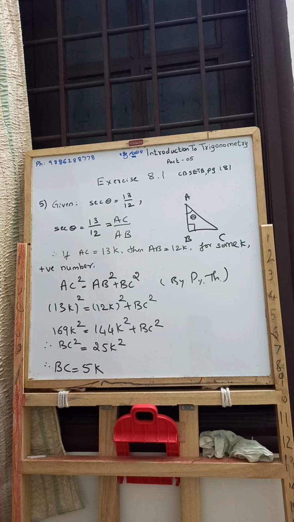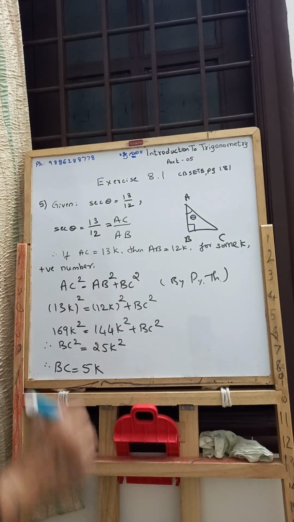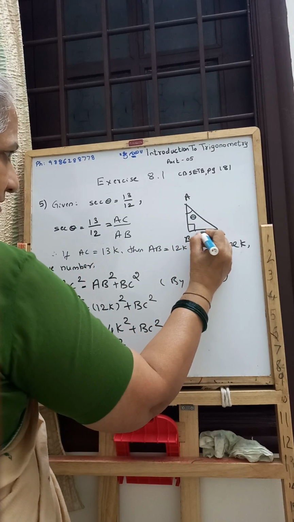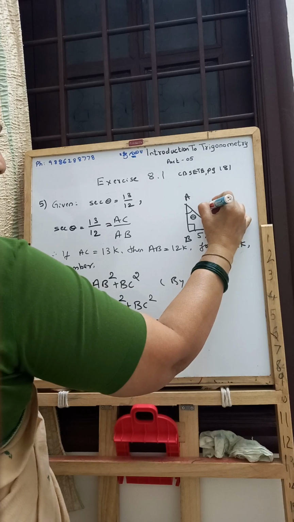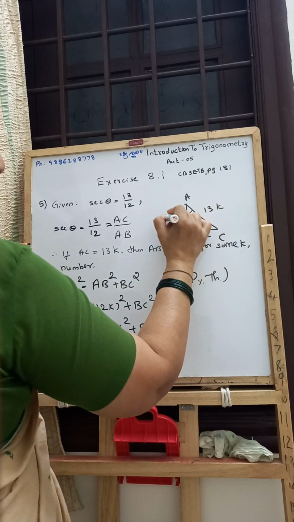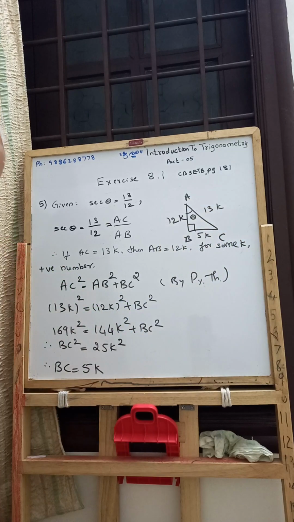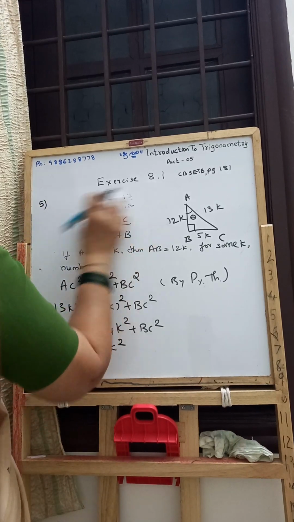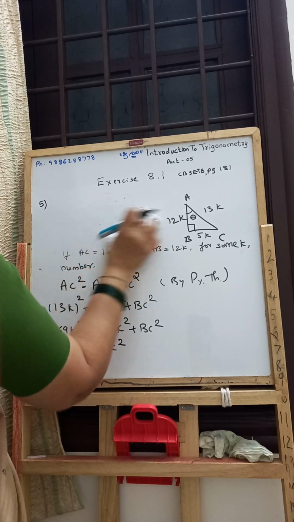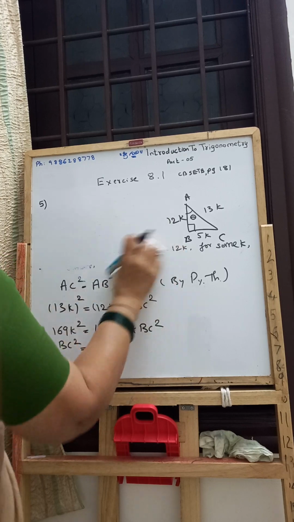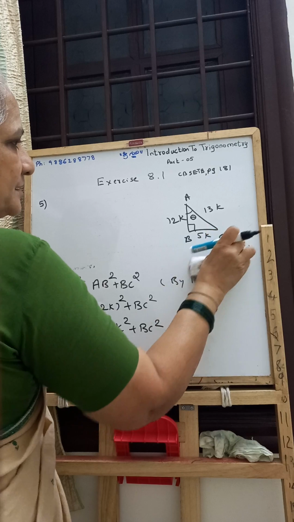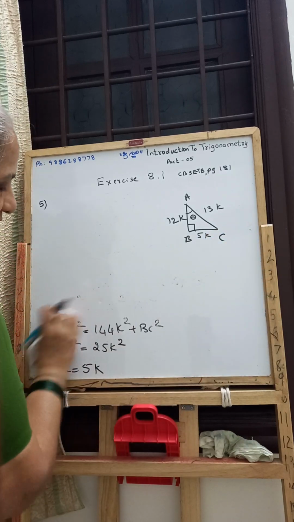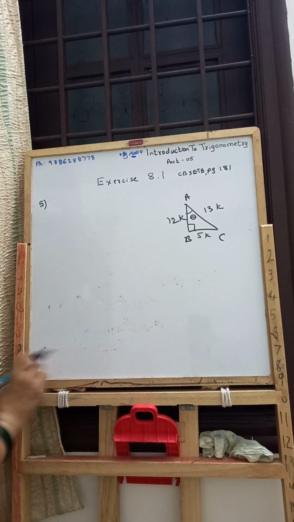Now we can find all the ratios by definition. BC is equal to 5K, AC is equal to 13K, AB is equal to 12K. When we have the values of all the sides of a right triangle, we can find the trigonometrical ratios as we defined earlier, as sine of theta is equal to opposite side upon hypotenuse.